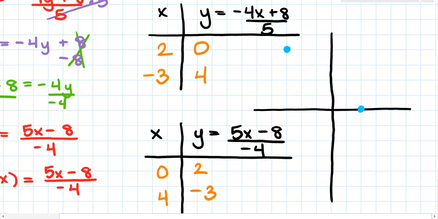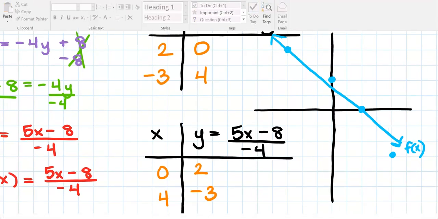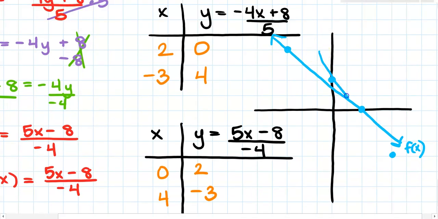That's for that first line. So this would be my f of x. Then the bottom one here, we have 0, 2, and then 4, negative 3. So this would be my f prime of x.